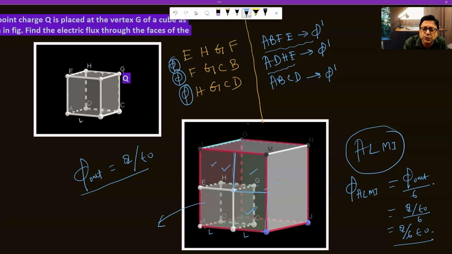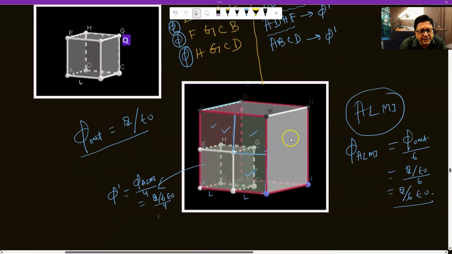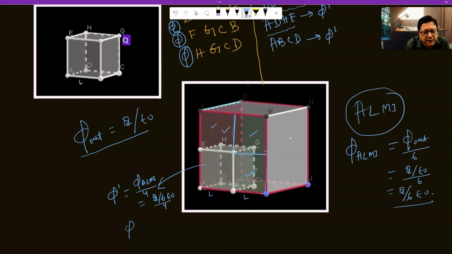This we have assumed that through this group A, B, E, F flux linkage will be phi dashed all through this. Phi dashed by symmetry will be phi ALMI divided by 4. So this is going to be Q by 6 E0 by 4. Am I correct? So this is going to be phi dashed equal to Q by 24 E0.